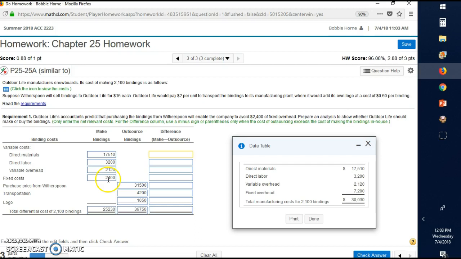Now, it says only enter the net relevant costs like we did here. We did 2,400, not the full. For the difference column, use a minus sign or parentheses only when the cost of outsourcing exceeds the cost of making. So here, if we make it, we would incur these costs.